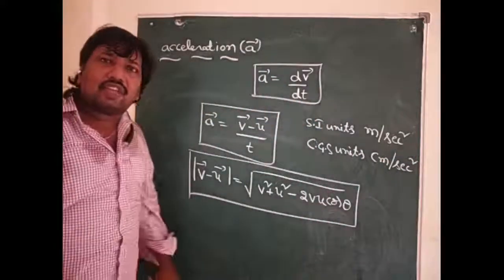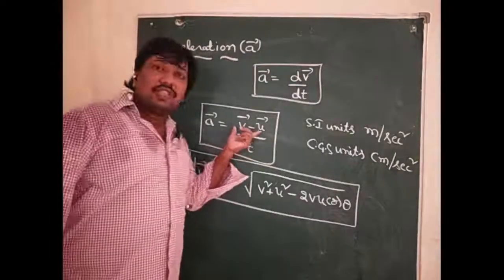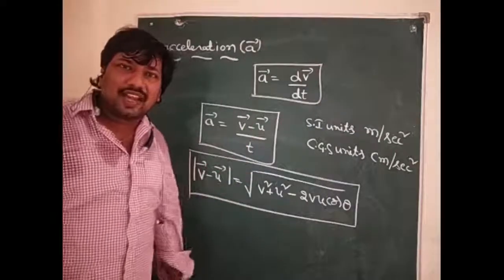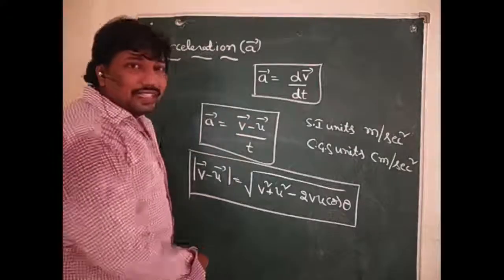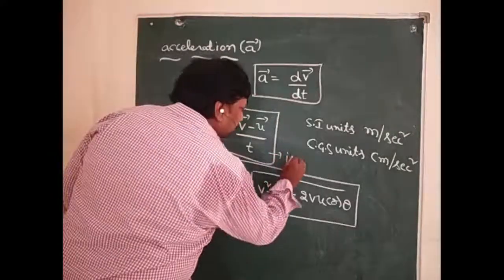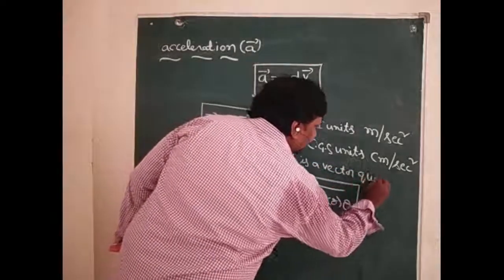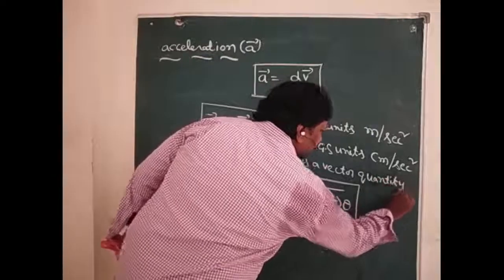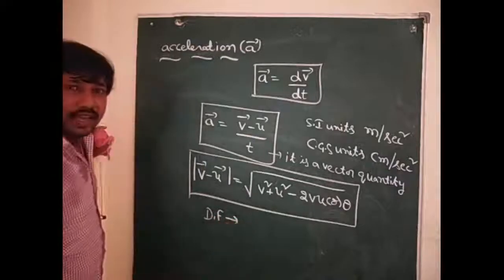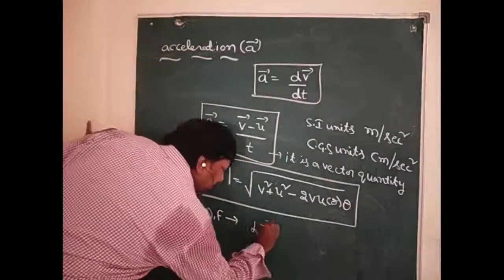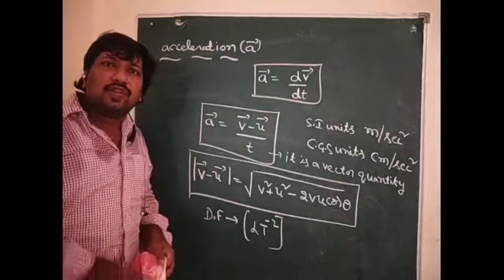Acceleration is a vector quantity. Its direction is along the change in velocity of the body. So its dimensional formula is L T power minus 2. In the case of acceleration, there are two types.